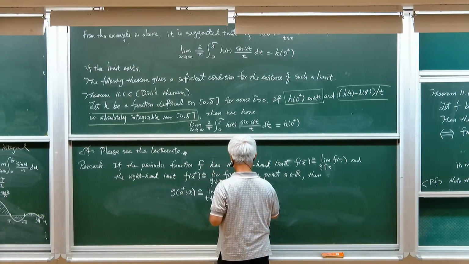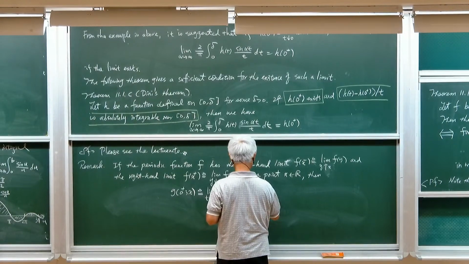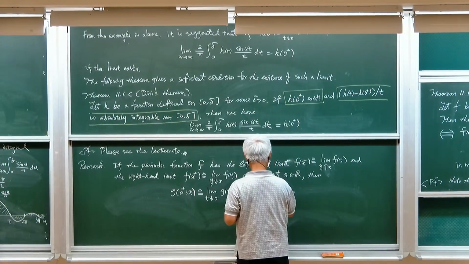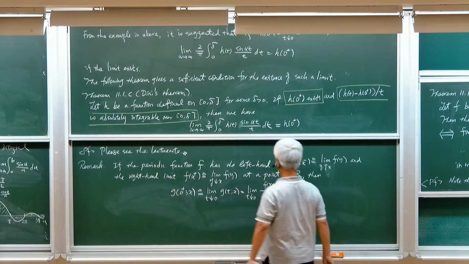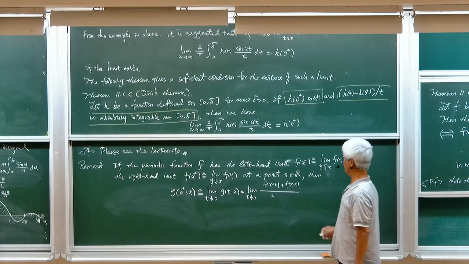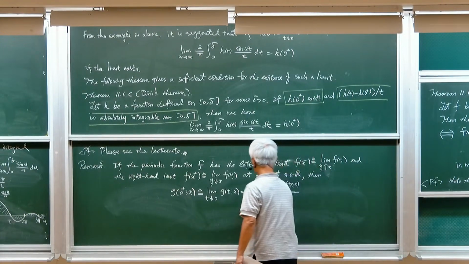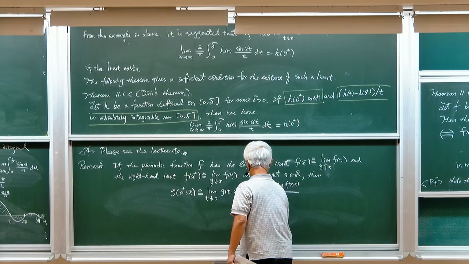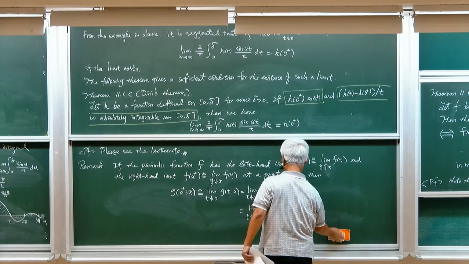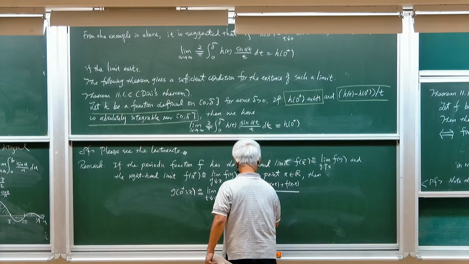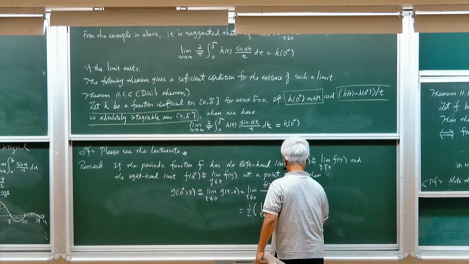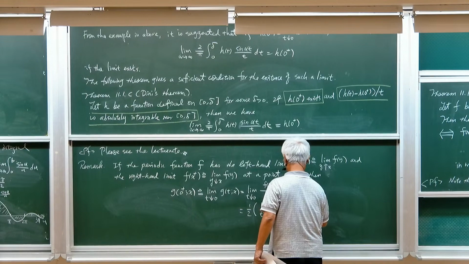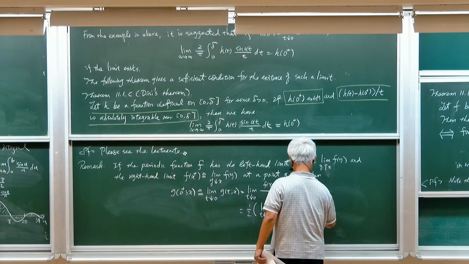This is equal to the limit as t goes down to 0 of f of x plus t, and the limit as t goes down to 0 of f of x minus t.